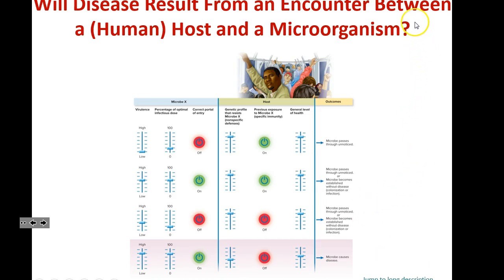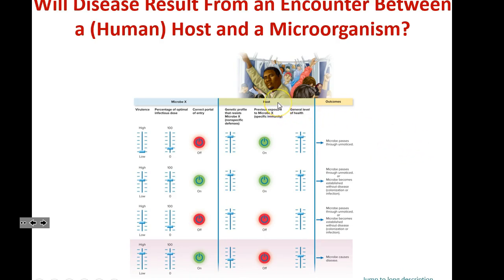Will disease result from an encounter between a human host and a microorganism? Here is a chart that shows the microbe, its virulence, high or low, percentage of optimal infectious dose, and the correct portal of entry, turned on or turned off.